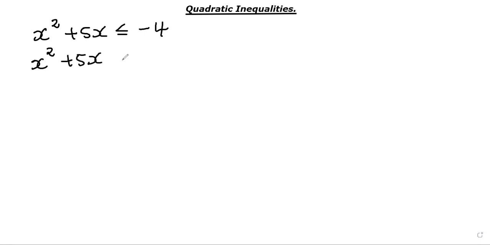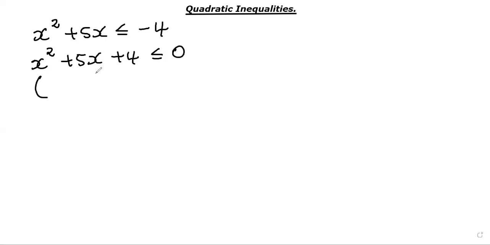Now let's try the last one of this kind. This one says you have x squared plus 5x, and this is less or equal to -4. The first thing we must do in this case is to write this function in standard form, meaning we take -4 to the left. Then we'll have x squared plus 5x plus 4, and this is less or equal to 0.